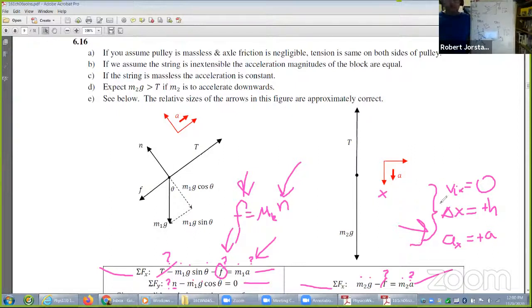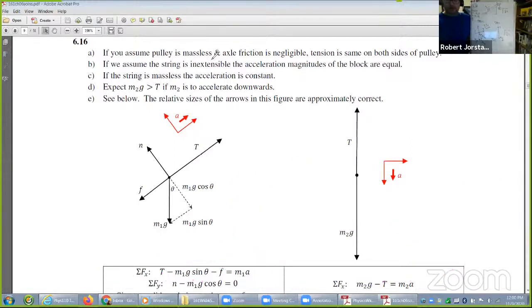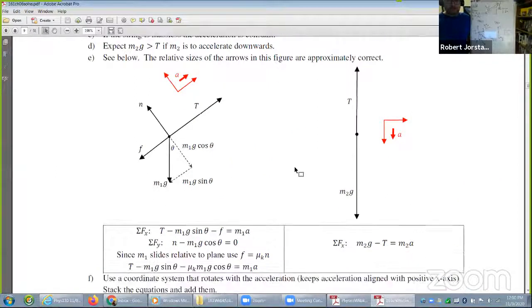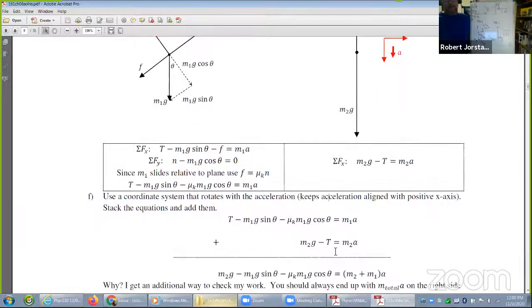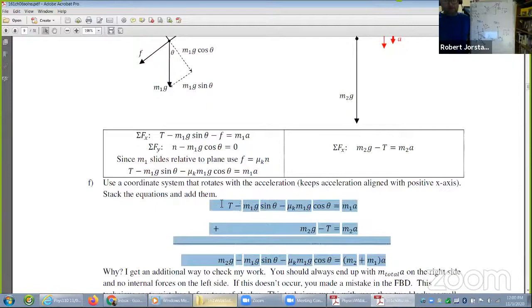So let's go to our picture here on the right. Actually, let's just do this. So if I scroll down, I could use this. And if I solve this for the normal force and shove it in, the frictional force is no longer unknown. And now it is exactly the same as before. You take this equation right here, you stack it and add it with this equation. Tension, the internal force, drops out, just like this right here.